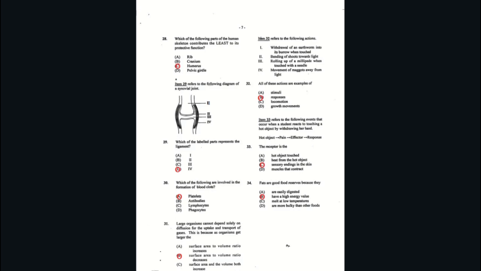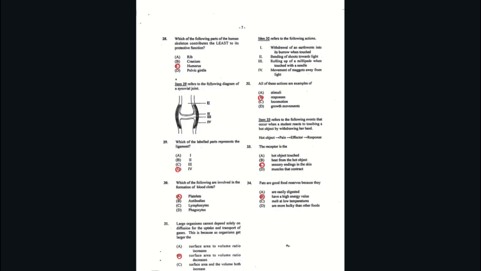Large organisms cannot rely on diffusion. The skin is a protective barrier, that's the main function. We cannot just take in oxygen through our skin, because if all human beings just waited for oxygen to diffuse through the skin, we'd be dead long before that happened.